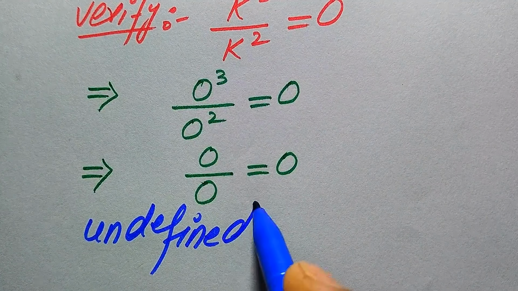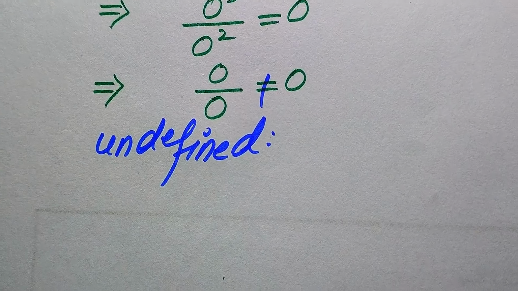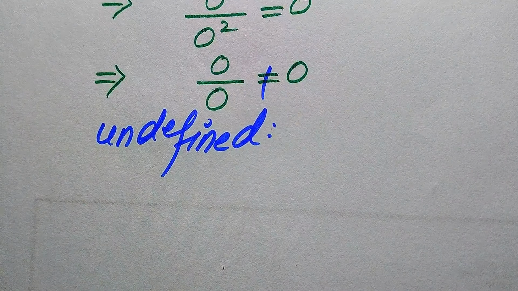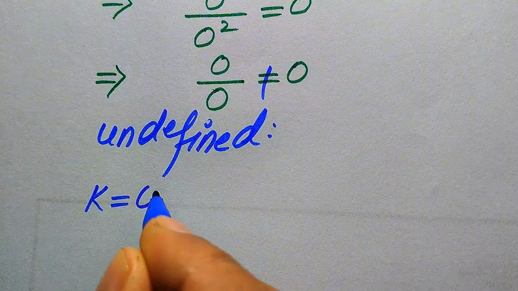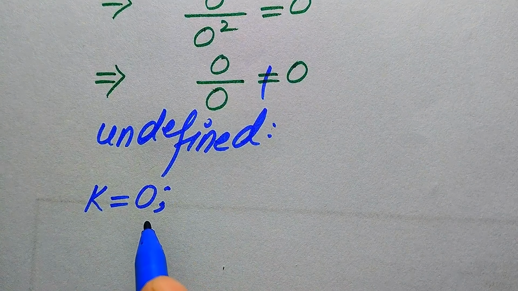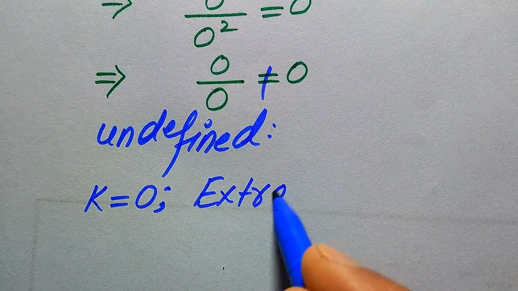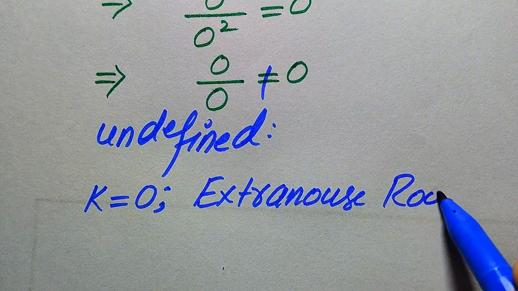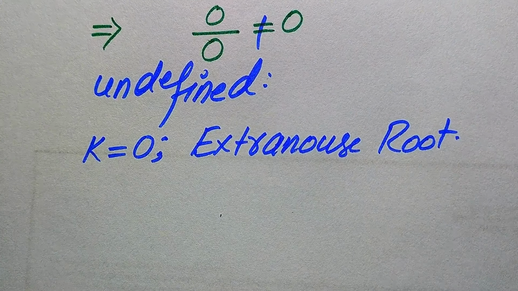If the left hand side is undefined, this means that both sides are not equal, so we can conclude that the value k equals 0 does not satisfy our given question statement. So we finally conclude that k equals 0 is the extraneous root of the given equation, because it does not satisfy our given question statement.